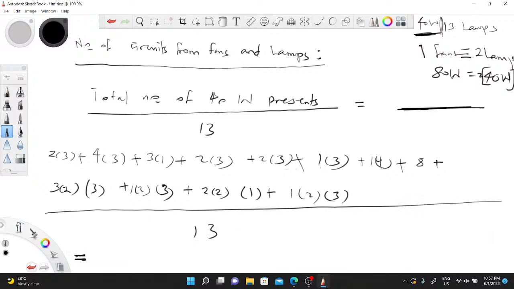That will give me the number of circuits that I can form from the fans and the lamps.